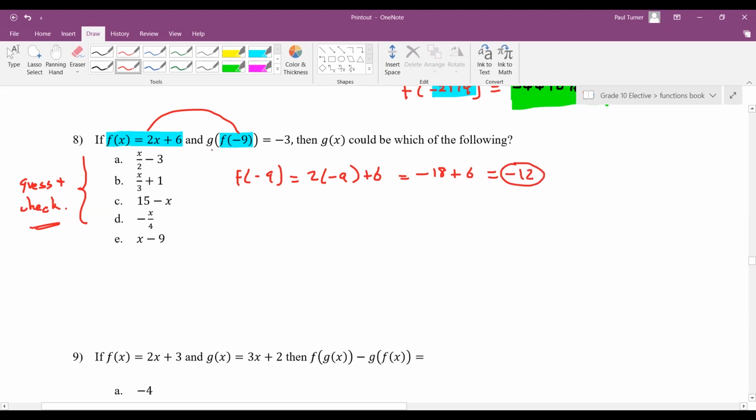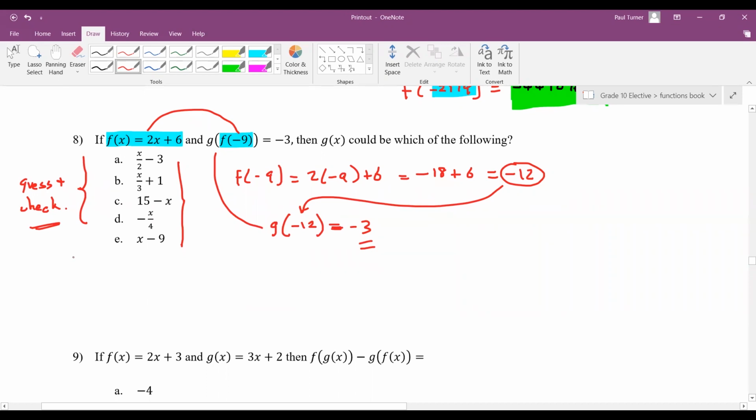And here it's saying that this value is going to be -12. So I could write that down as g(-12) equals -3. So just put it back in here. That means when you put -12 into one of these functions, you should get -3 for the answer. Okay, does anyone get an answer for that yet?